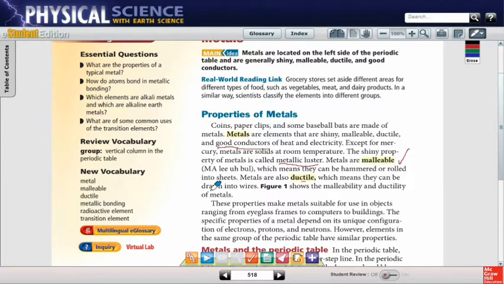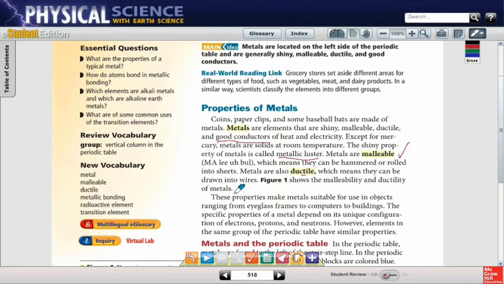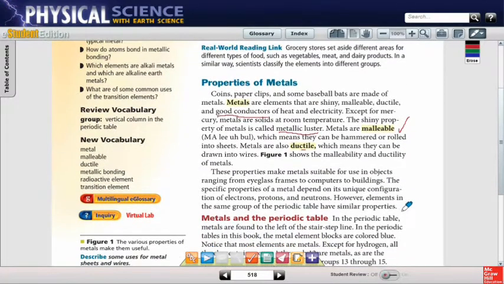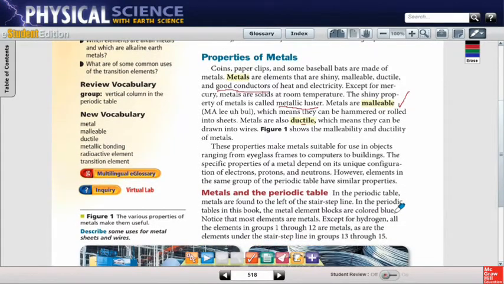Okay, it's pulled up. Now, these properties make metals suitable for use in objects ranging from eyeglass frames to computers to buildings. All these things are made from metals, some part of them anyway. The specific properties of a metal depend on its unique configuration of electrons, protons, and neutrons.